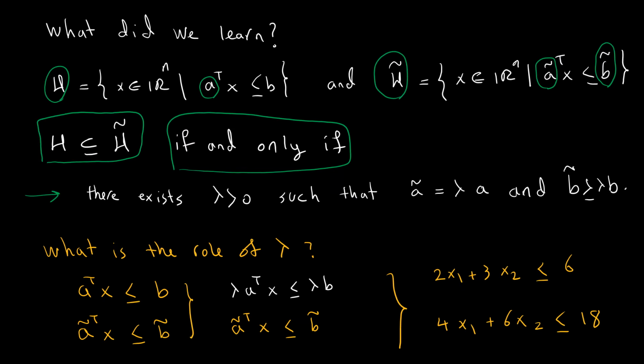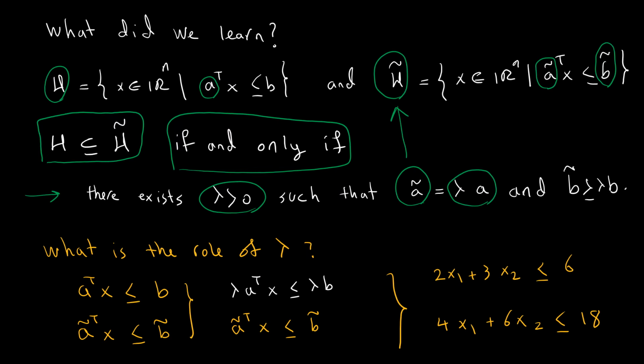So there exists a lambda greater than 0 such that the normal vector of the H tilde half space is a multiple of the normal vector of the other one, A tilde equals lambda A, and then B tilde has to be greater than or equal to lambda B.